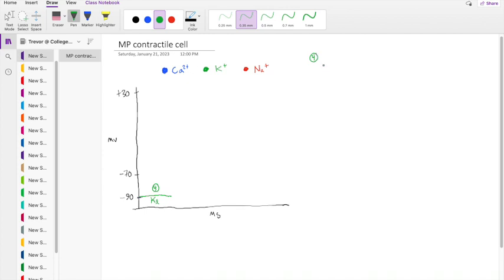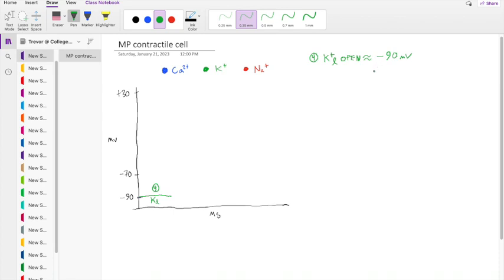And at 4, we're going to have our potassium channels, K plus, leaky. These are going to be open. And that's where we get this resting membrane potential of around negative 90 millivolts.